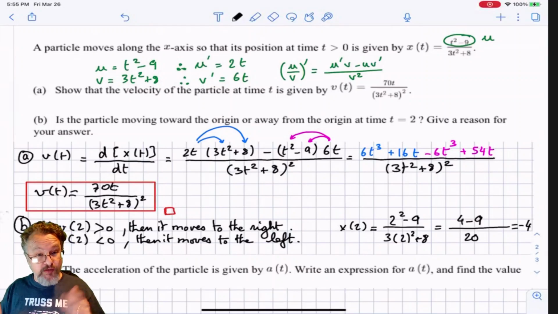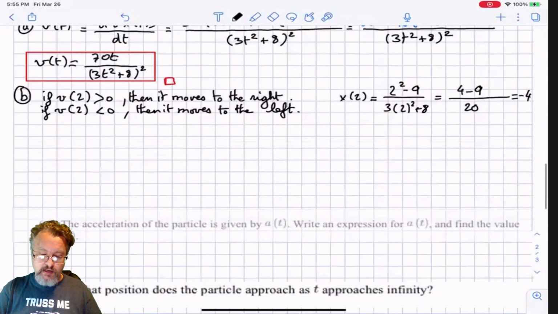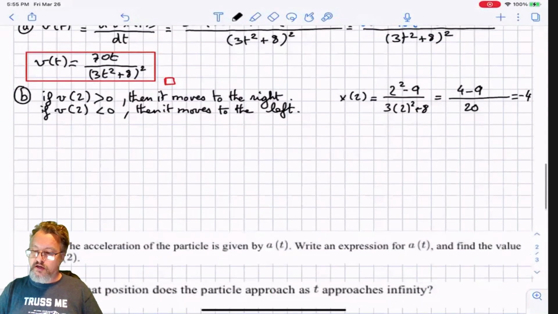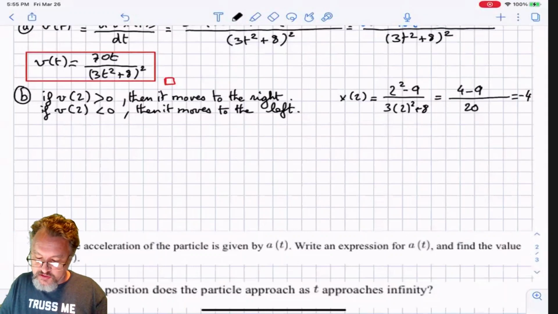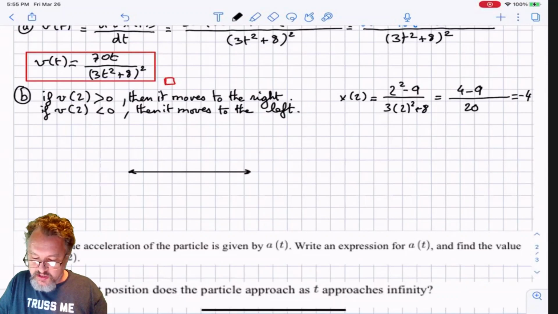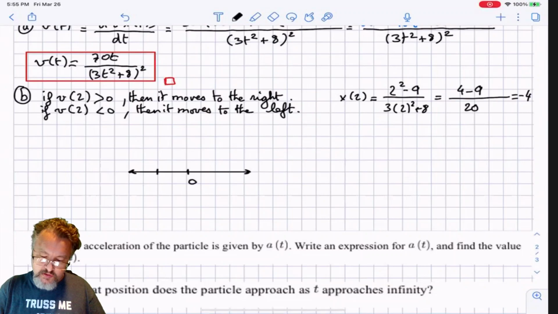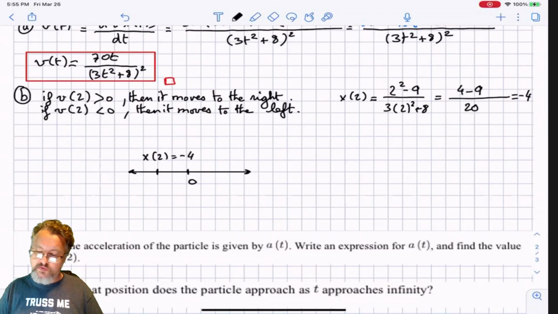That means that at the beginning, it's going to be to the left of the origin. So if I draw a number line like this, we can start right here at x equals 0. And when we have t equal 2 right here, x at 2 is equal to negative 1/4, right?